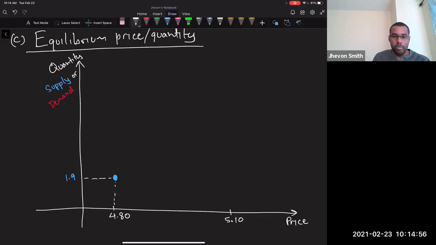And at $5.10, they're willing to supply 2.1, it looks like. So, I don't want to actually fill that in like a point. So let's say 2.1 is here. So they are like so.